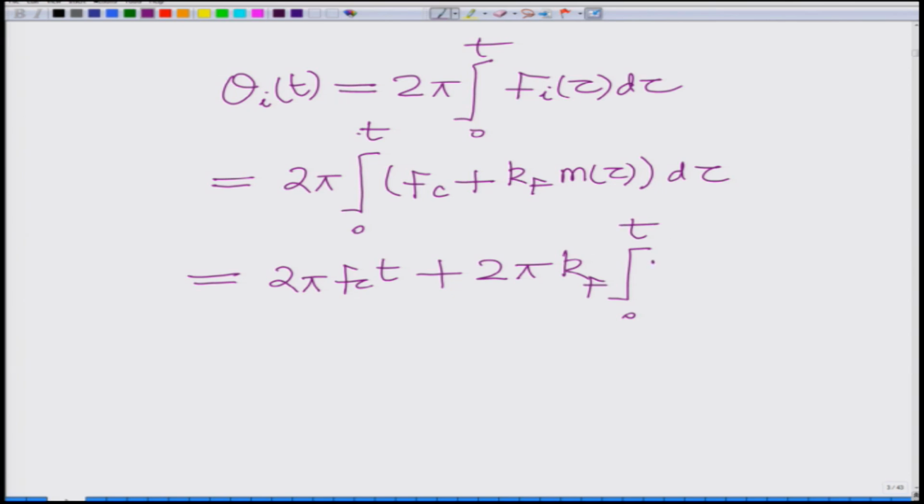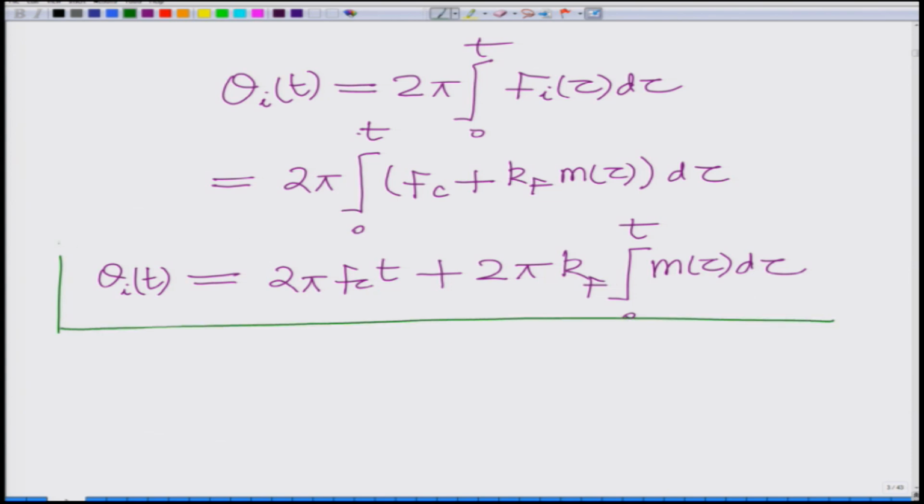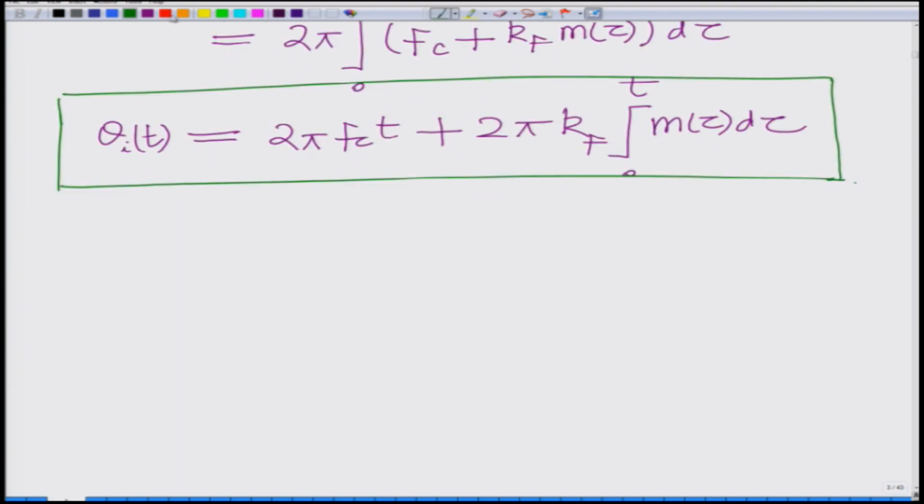That is your theta_i(t). This is the phase of the frequency modulated signal, the FM signal.